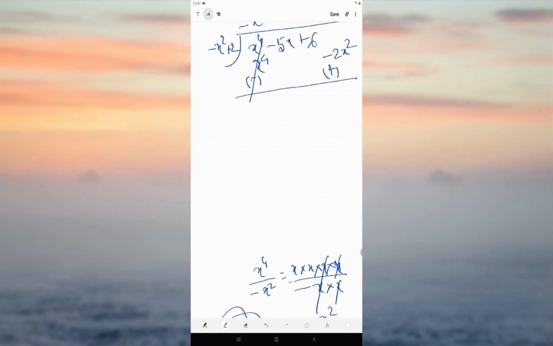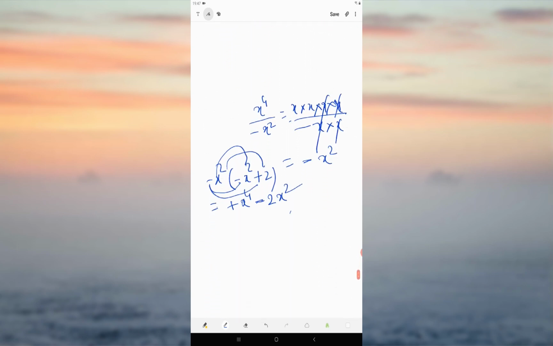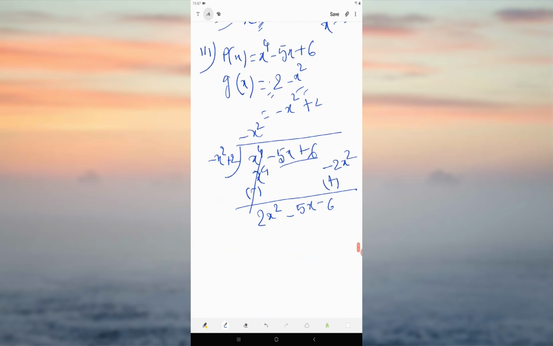So x to the power 4 will go. Now what is the highest power of x? That is 2x square. That is outside, but it is the highest power, so that will come first. So 2x square, correct? And then minus 5x plus 6 will come as it is. Now divide 2x square by minus x square. What do we get? Minus 2. So we will take the next thing as minus 2.